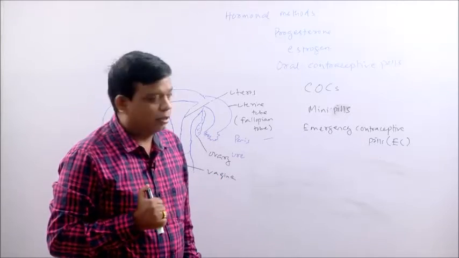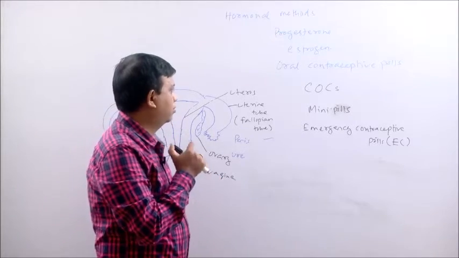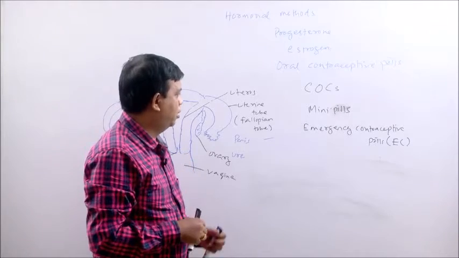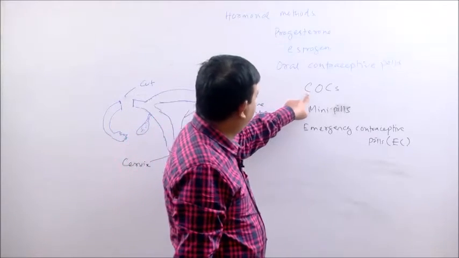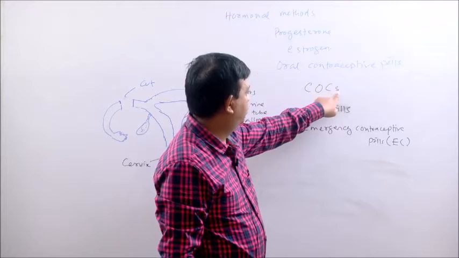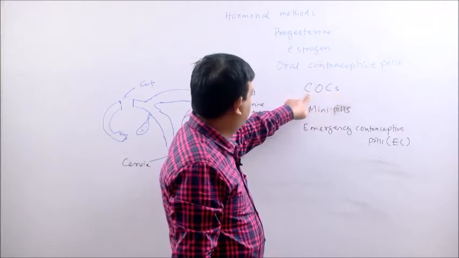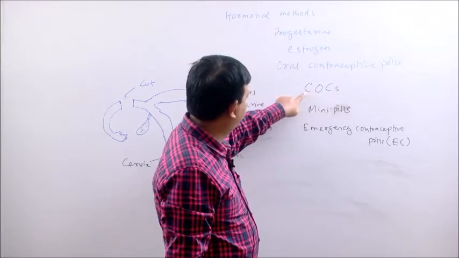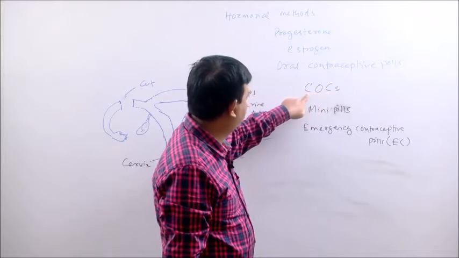There are three versions of these oral contraceptive pills. One is combined oral contraceptive pills, the short form is COC.